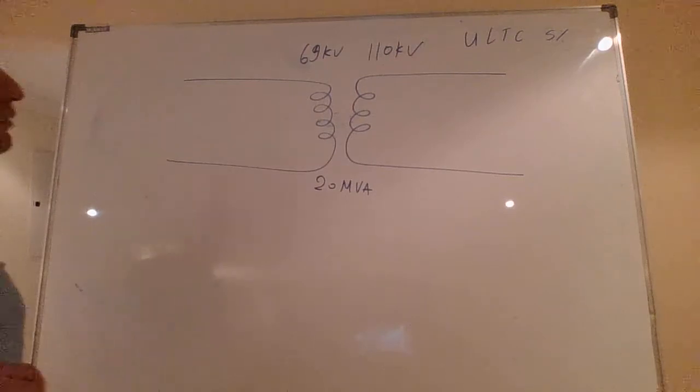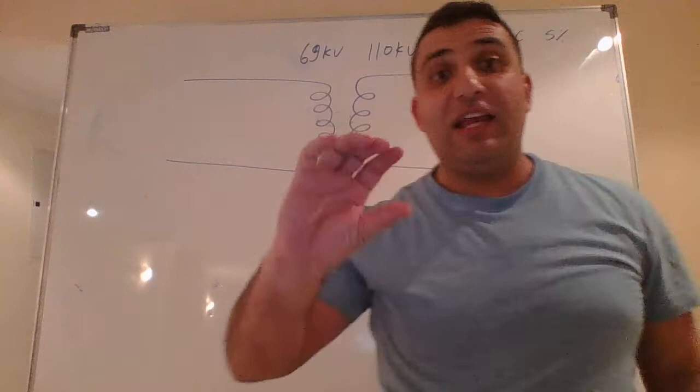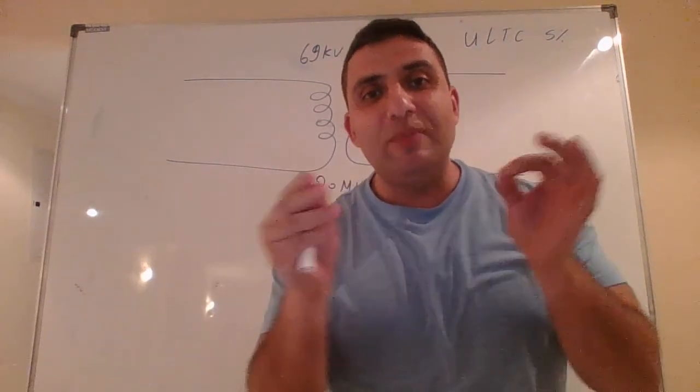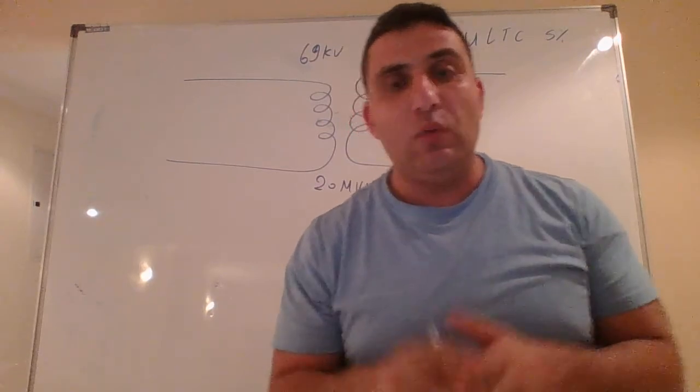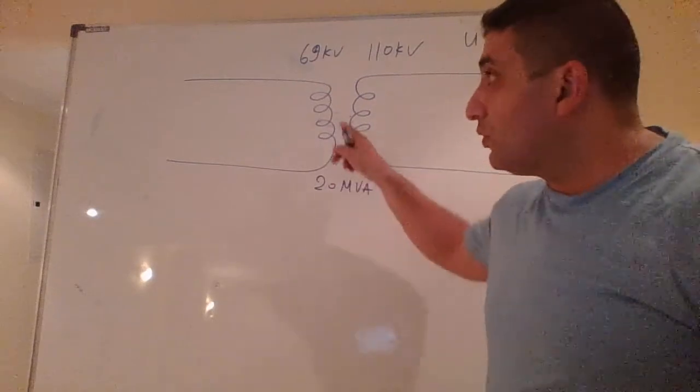One more element we have to pay attention to when we choose a relay. Every relay has a current tap. What does this mean? To minimize the error, every relay will have a tap to connect the actual output of the CT.